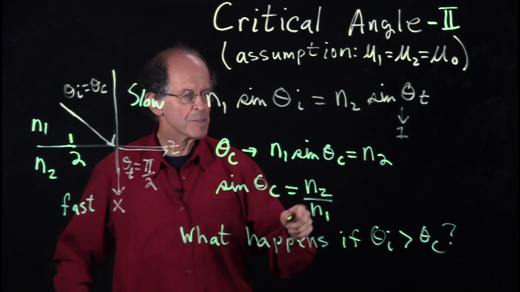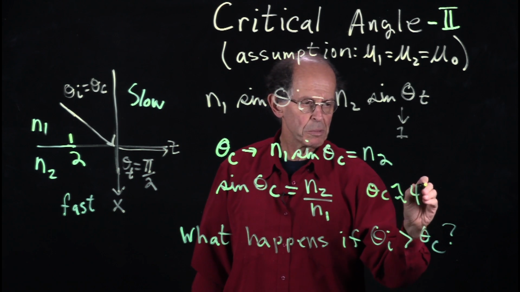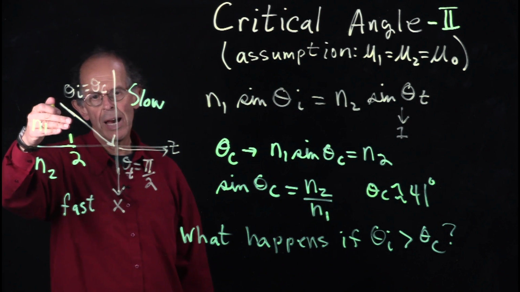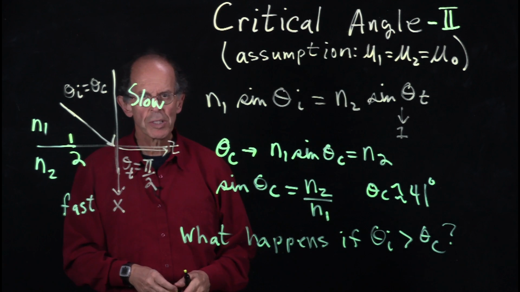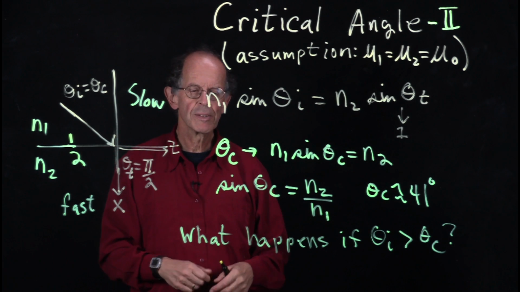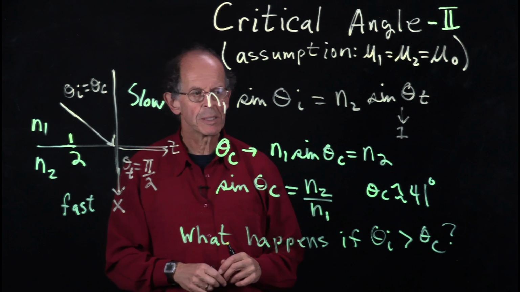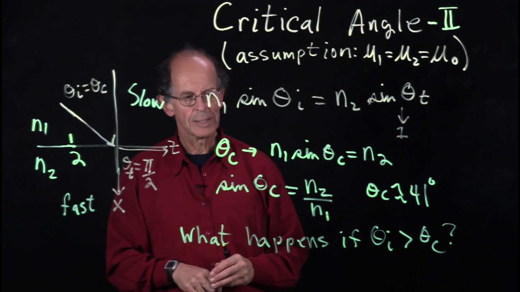And for glass, theta c is about 41 degrees when the interface is glass to air. And that's one of the main considerations we will look at. The other is glass to glass to glass, and that's optical fiber, or just glass. We'll also look at that.